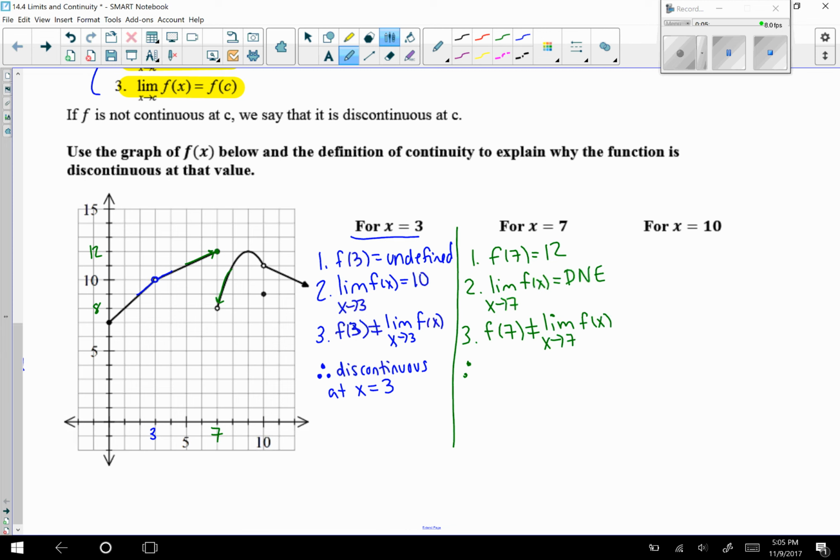Thus, or therefore in conclusion, it's discontinuous at an x value of 7.